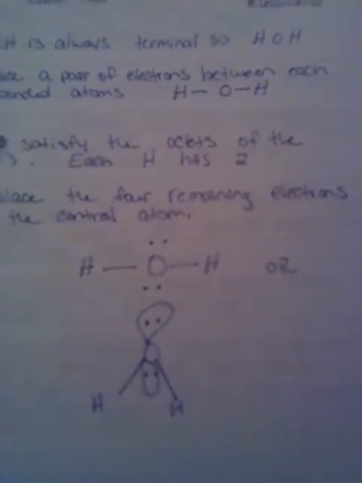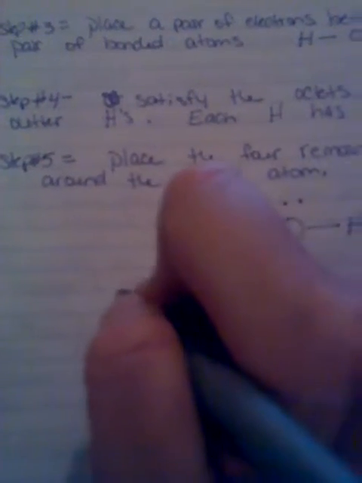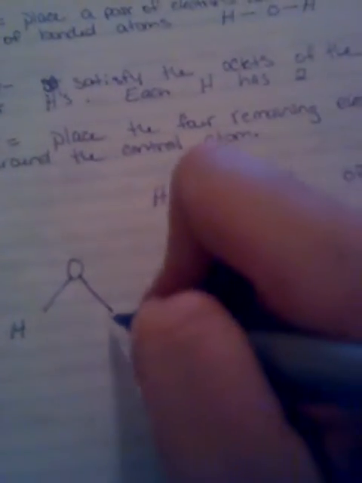You have your oxygen here, if you can see it. If not, I'll rewrite it. We have oxygen, our single bond over here for hydrogen. Draw another one over here for hydrogen. Then we have our 2 over here, and 2 right here.